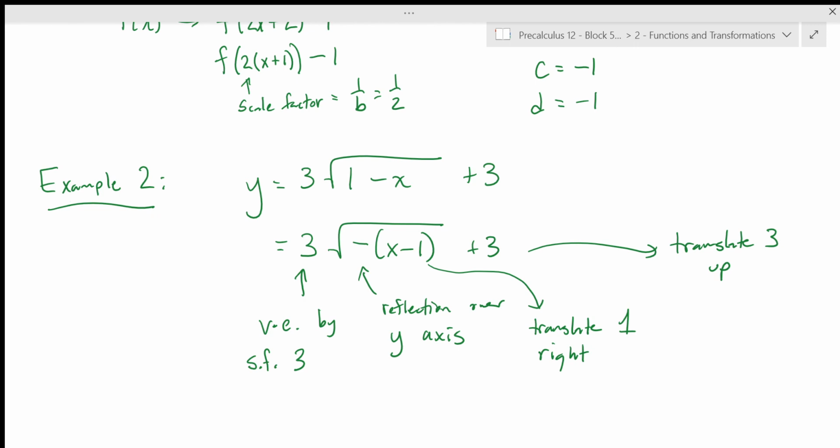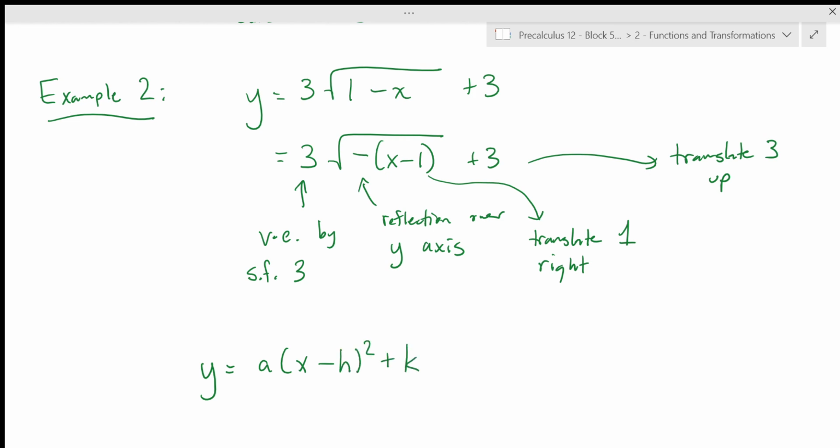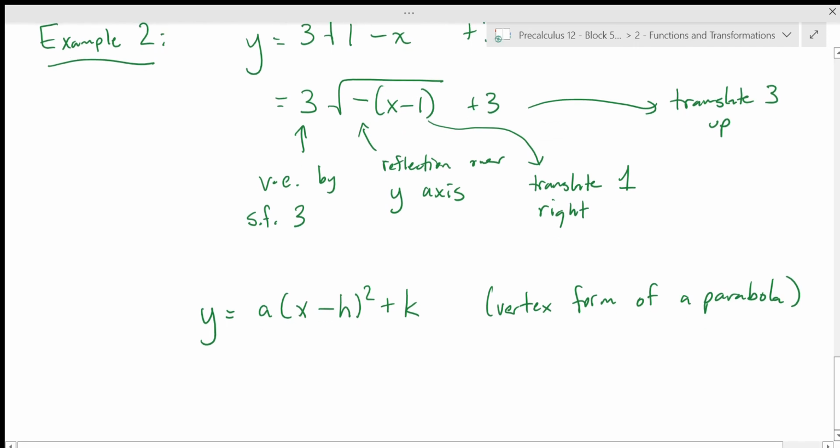One thing you might notice is that this looks a lot like our vertex form of a parabola. And you are right: the vertex form of a parabola is really just the transformations, with the parabola written in a form that shows us what our transformations are.